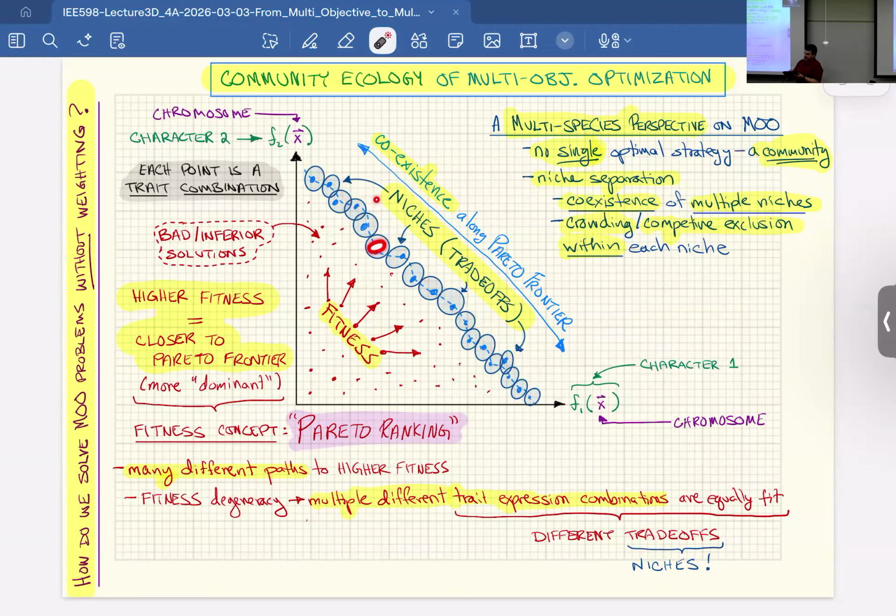Then these individuals don't have any who can dominate them. But if there happen to be a couple of individuals that are close by, then they can micro-dominate them. They can exclude them. So within each one of these bubbles, we have competitive exclusion, which is a term we use for saying that in a community, there's typically only going to be one member for every niche.